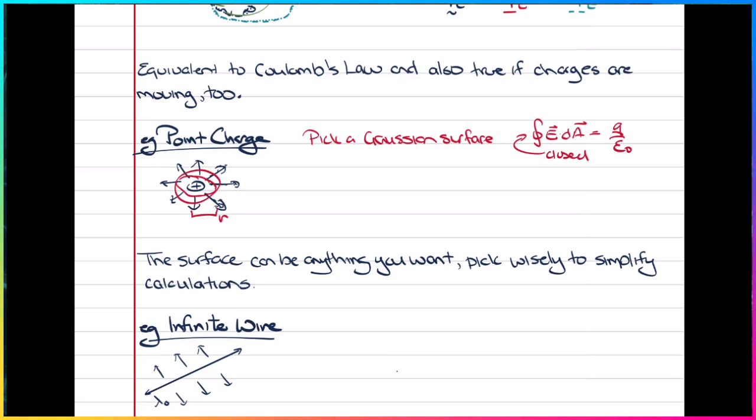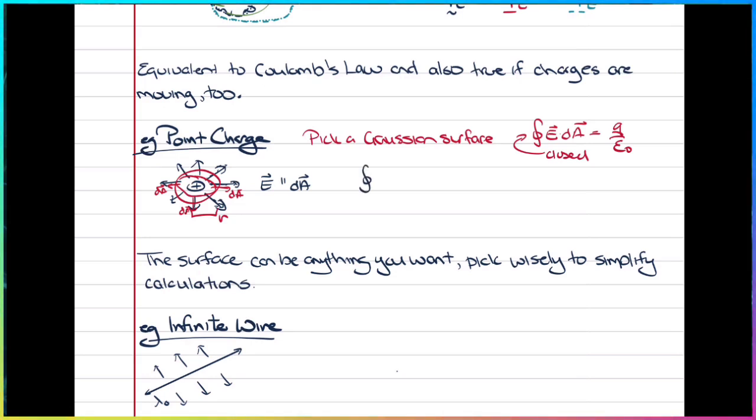So the sphere, and we've done this problem already, means that E is parallel to dA, because all the little dA elements that point away from the surface and are perpendicular are also pointing away from the center of the sphere.